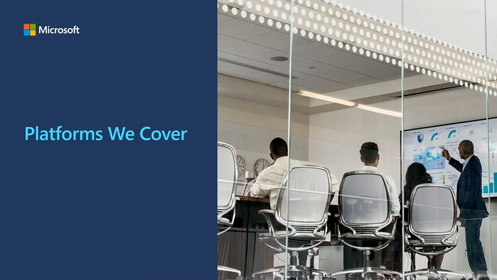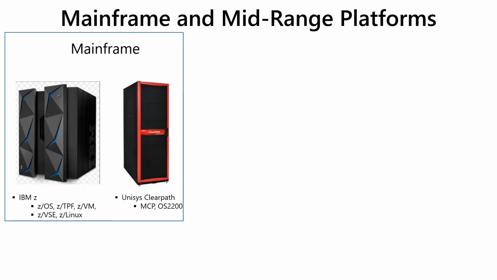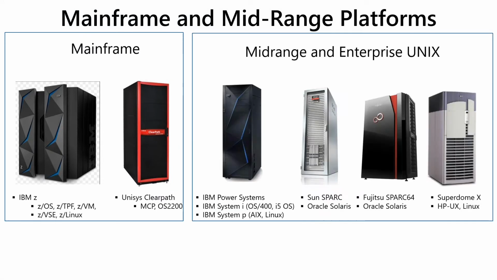Great, thanks, Larry. When we think of the platforms that we cover, we think of mainframe as IBM Z-Series and Unisys ClearPath, of course, that combination of Sperry and Univac back in the 1980s. We also think of Midrange and Enterprise Unix as really being a different class of servers, delivering not quite as high capability or scalability, but definitely mission critical for many, many customers. And so the IBM Power Systems, we actively engage on both System I and System P, on the Unix systems, both from Sun, Fujitsu, and HP.